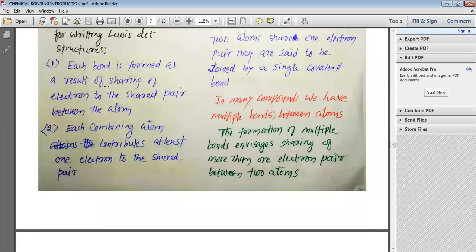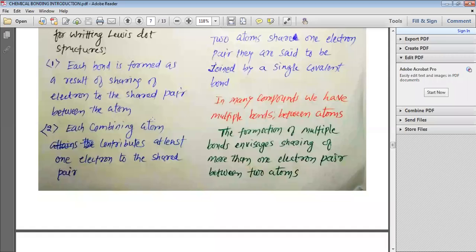Each bond is formed as a result of sharing of electrons, the shared pair between the atoms. Each bond is formed due to the two electrons which are shared by the atoms. Next, each combining atom contributes at least one electron to the shared pair.